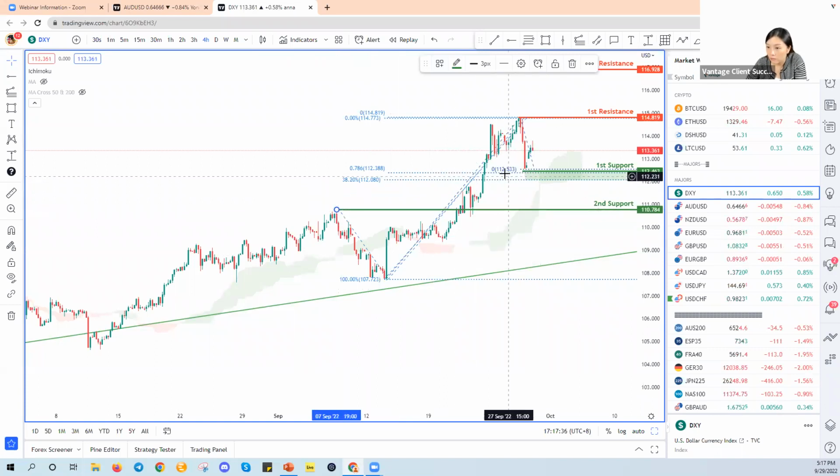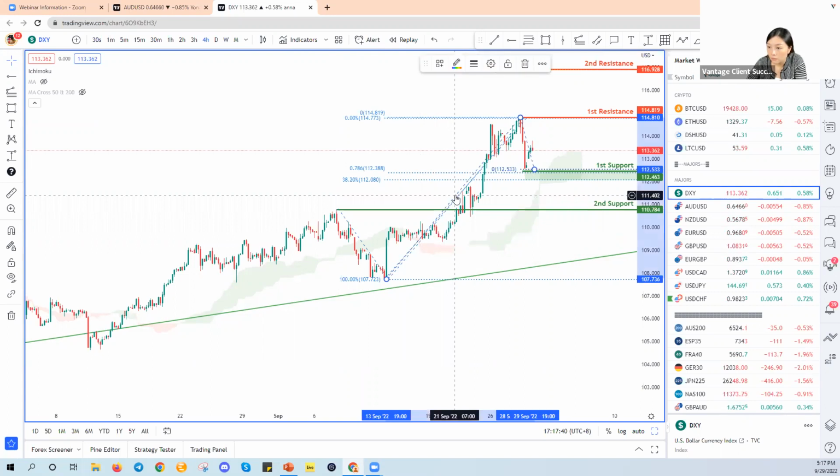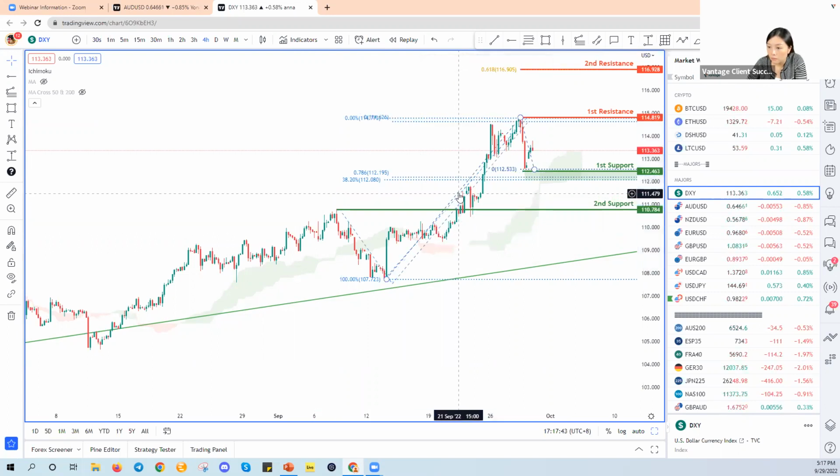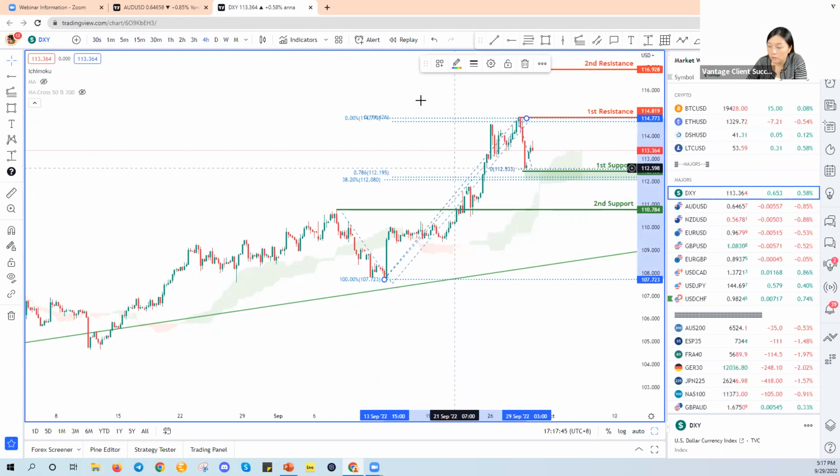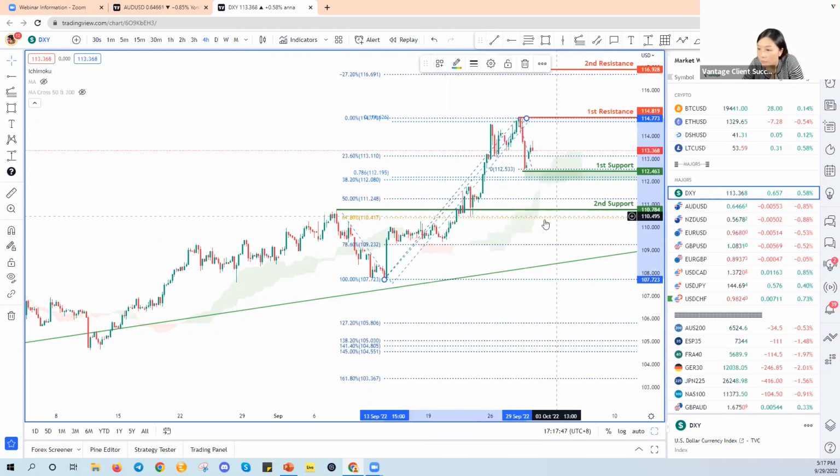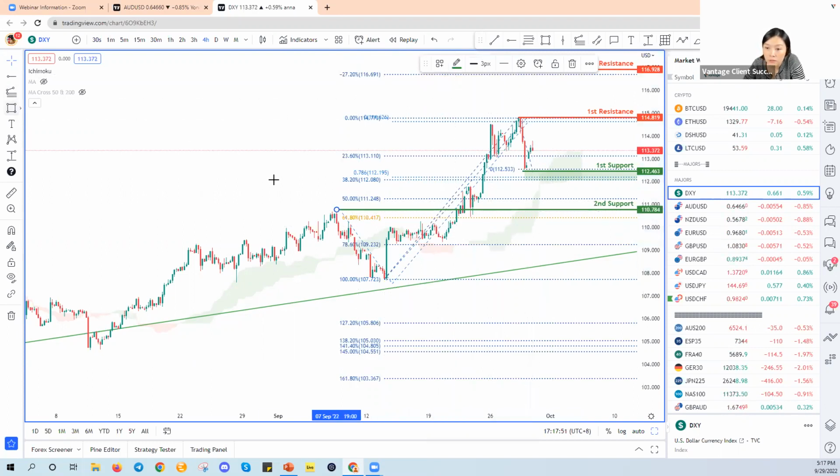Okay, this level is probably, let's see whether it's correct. I mean my 61.8 region. Okay, this level here, my 61.8.